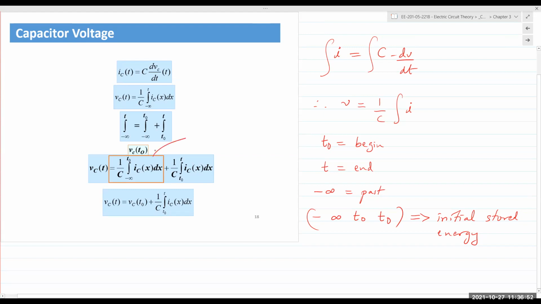So Vc of t0 represents the initial stored energy, the initial voltage in that capacitor. And if Vc of t0 is not given, you can assume it to be 0 volts.